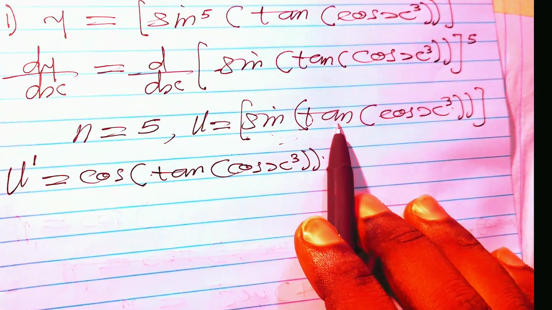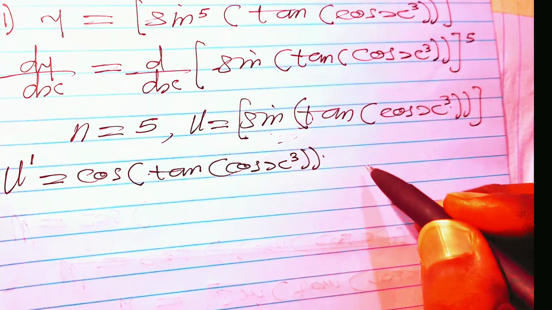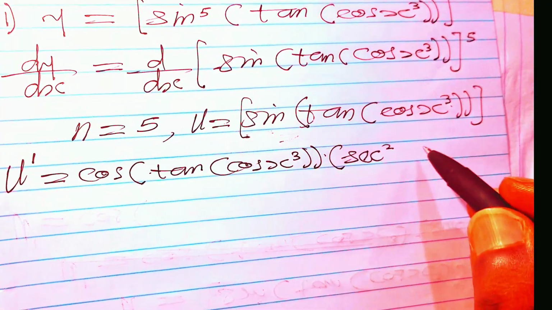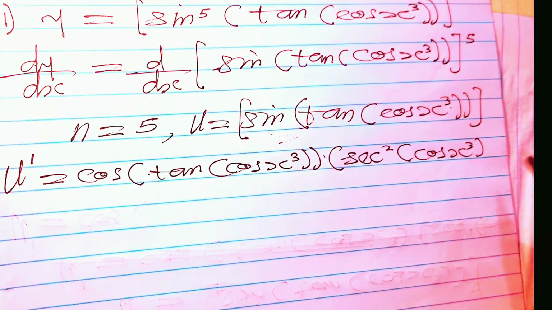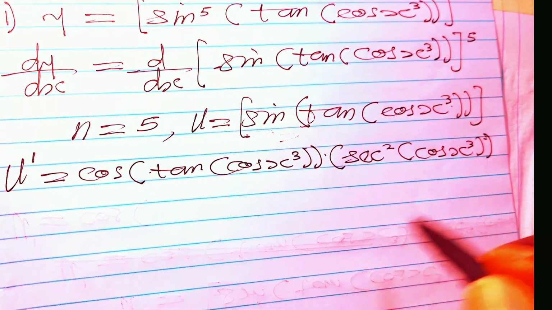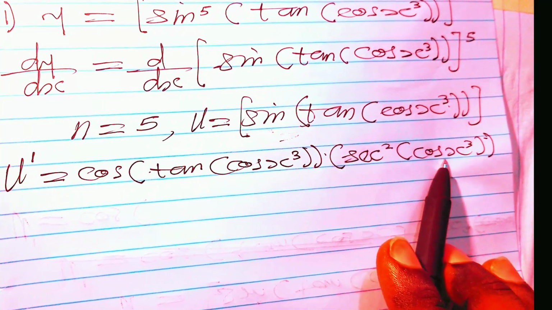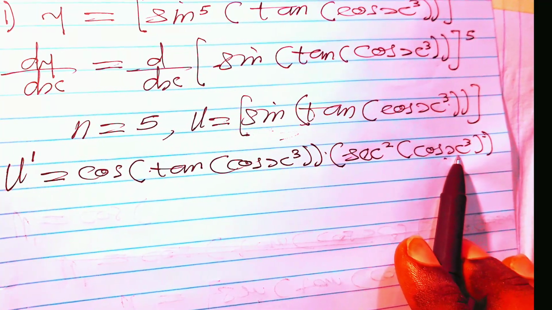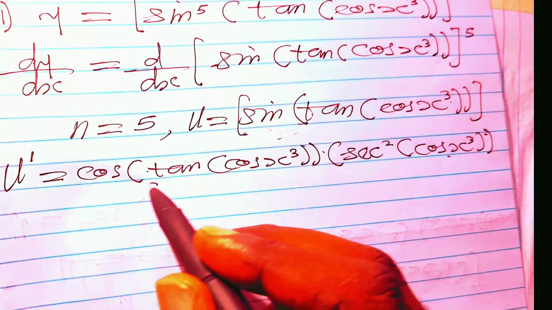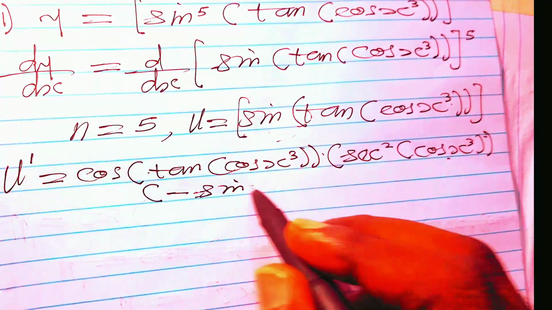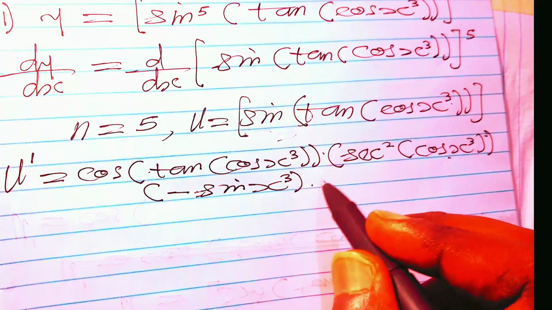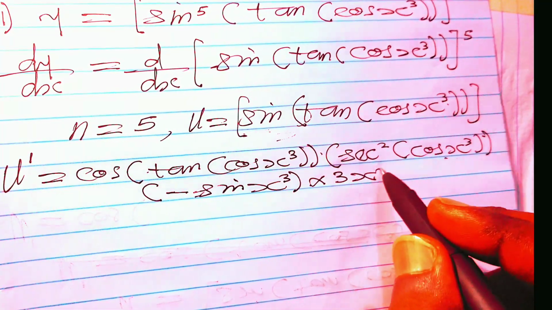When you differentiate tan, you get sec squared, so you multiply by sec squared in the bracket cos x cubed. And then, on a bigger bracket, the next thing is to differentiate cos x cubed, and that gives us in the bracket negative sine x cubed multiplied by 3x squared.